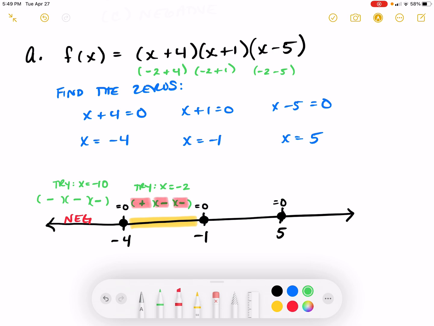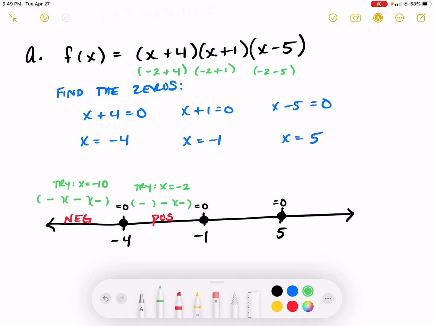Well, anytime we multiply two negatives, the result is going to end up being a positive. So what we're saying is any number that you plug in between negative 4 and negative 1, now you can't plug in negative 1 and you can't plug in negative 4 because that makes the function equal 0. You have to plug in a number inside the interval, and any number you plug inside this interval, the outcome will always be a positive.